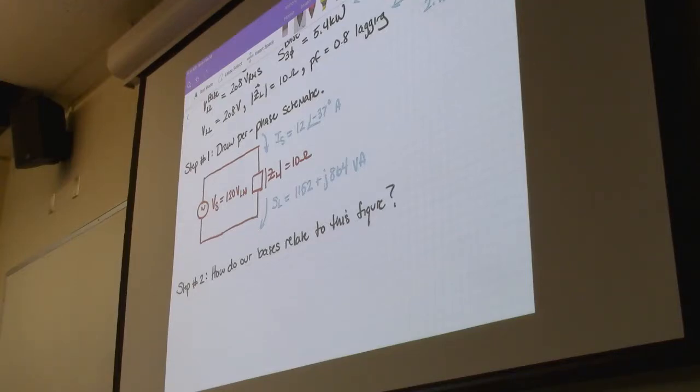We're given two different bases, right? We're given the line-to-line voltage base. So we can imagine that as if we, and I'm drawing the green as sort of just right, if we had our source connected in delta, then the voltage here would be 208 voltage base.